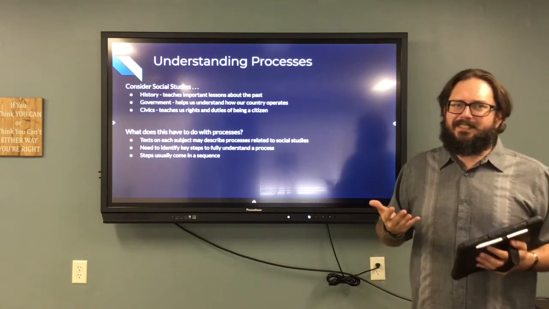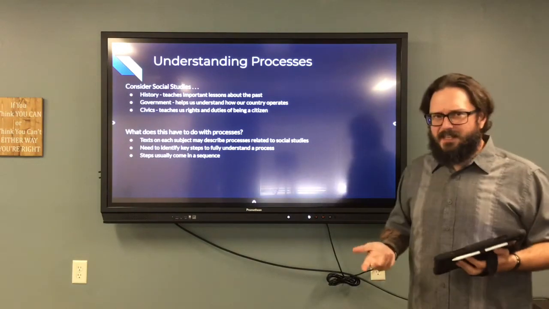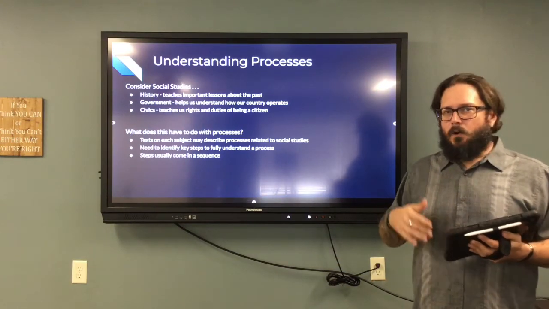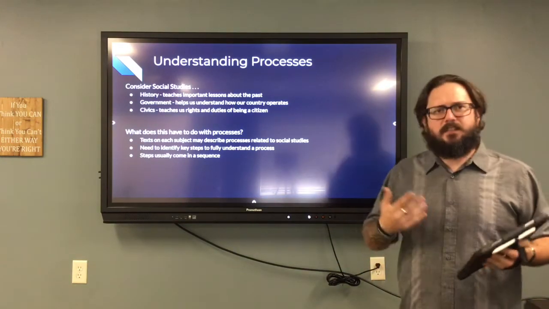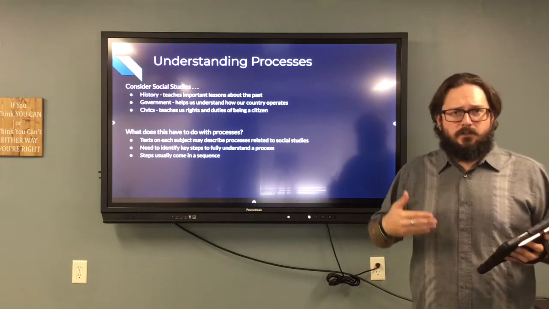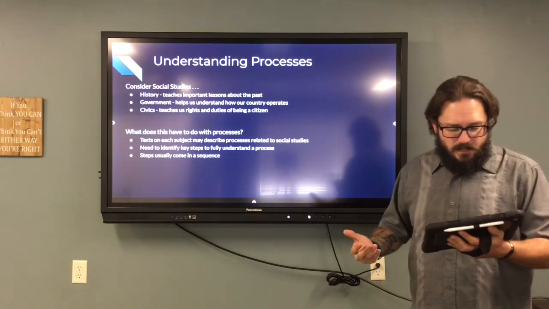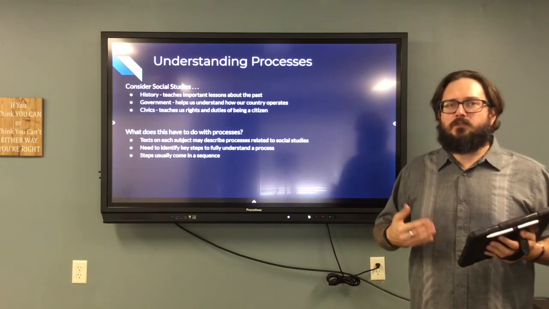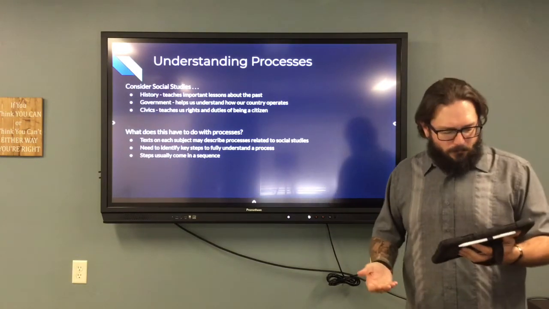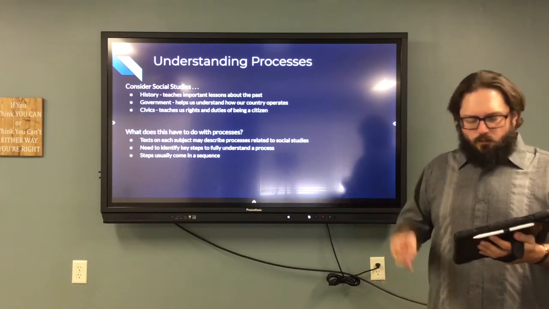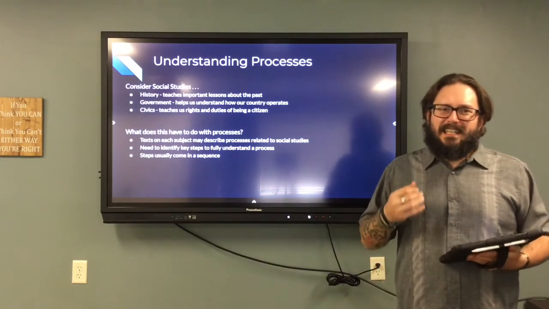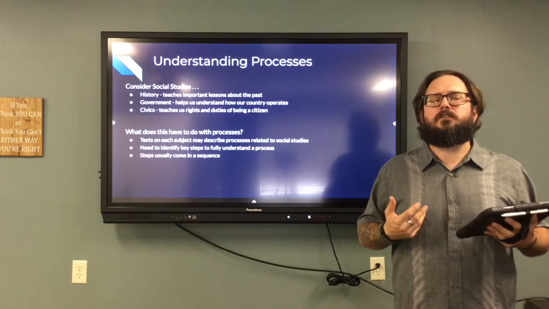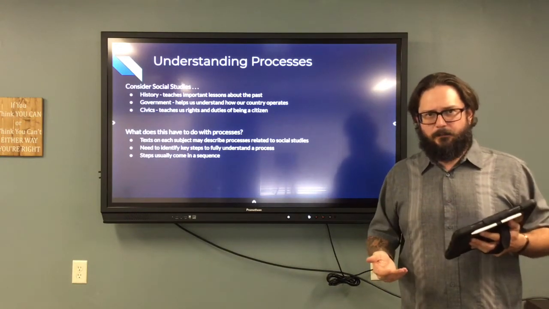But what does this have to do with processes? Texts on history, government, civics, economics, and other social studies disciplines may describe processes that are related to social studies as a whole. As readers, we need to be able to identify those key steps in order to fully understand a process.